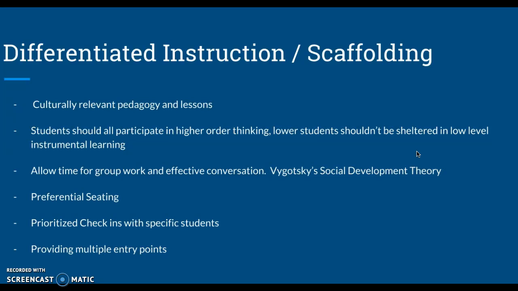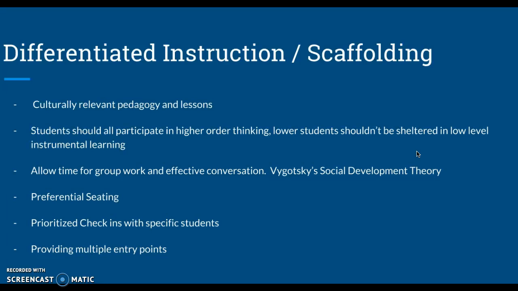So this means that we shouldn't have our lower students just doing rote memorization, just memorizing and crunching numbers and stuff like that. All students should be participating in the same difficulty. So all students should participate in higher order thinking.